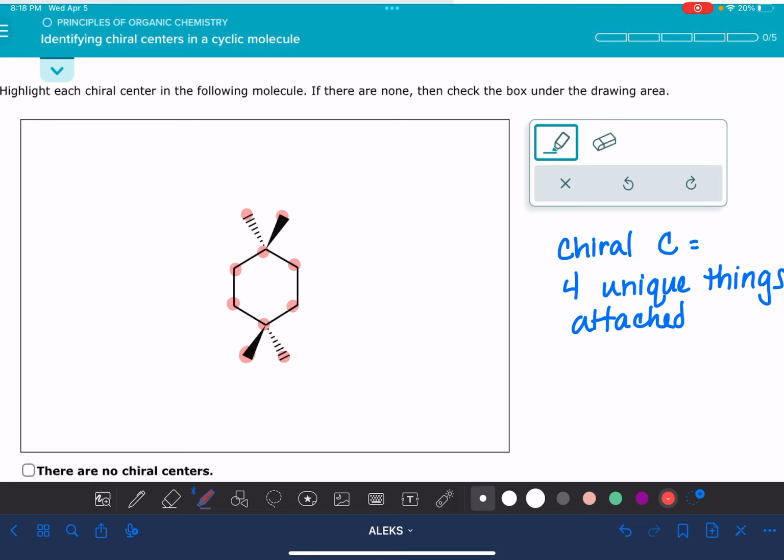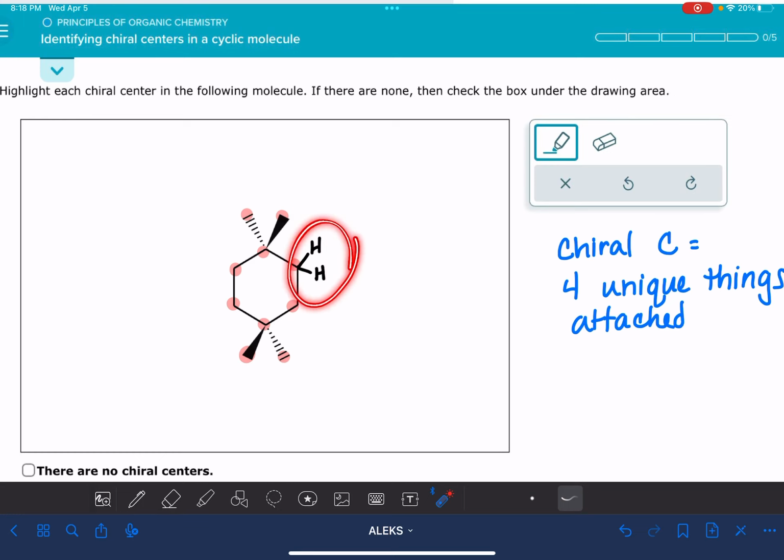And we're going to go through them one at a time and see what's going on in their bonding situation. I'm just going to start with this carbon right here for no particular reason. In the line structure, we can see that it has 2 bonds, and that means that it has 2 additional bonds that we're not seeing, and those 2 bonds are to hydrogen.